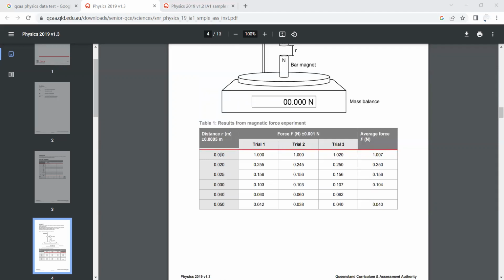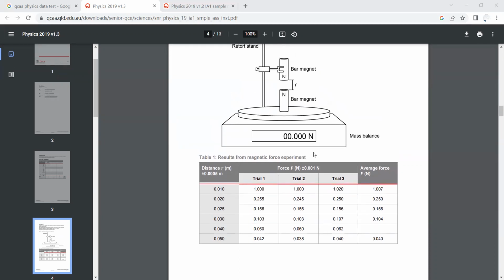And they change the distance. First, the distance is 0.01 meter, and then they gradually increased it to 0.5 meter. And then they obtained the force. They observed that the force becomes smaller.